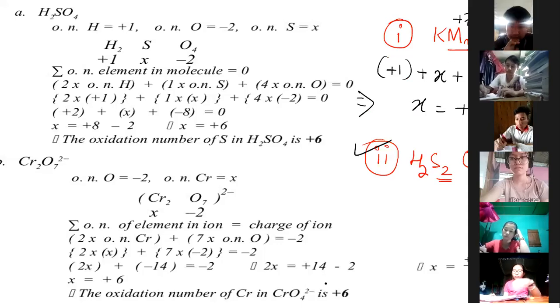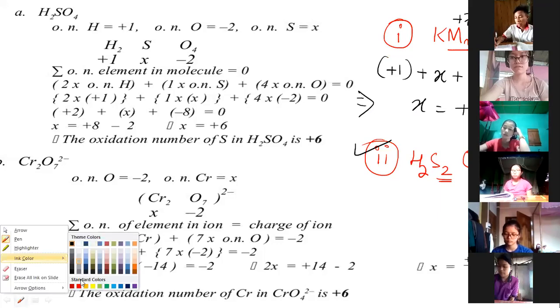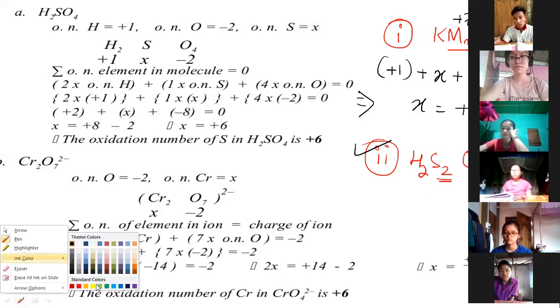Now try to calculate for sulfur in oleum. +6. This is going to be +6.